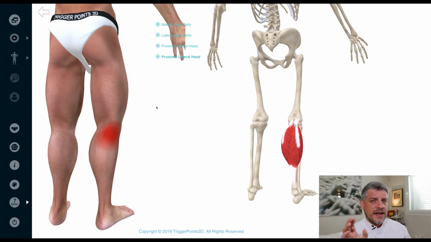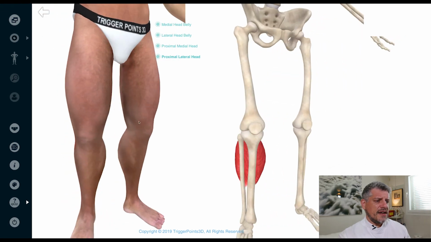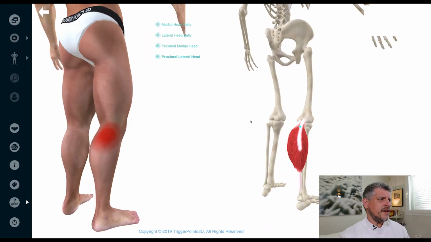So Achilles tendinopathy, trigger points in the gastrocnemius muscle, and as I said, it's more superficial to the soleus that lies beneath it.